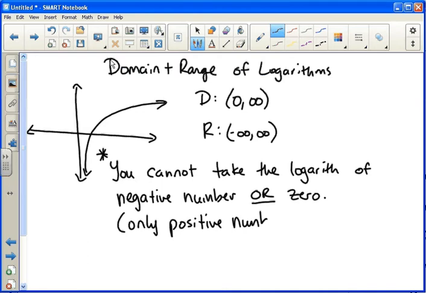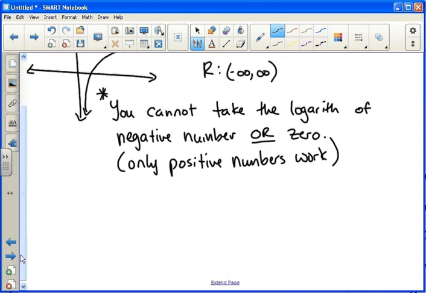So sometimes you may be asked to find what the domain of a log is. So let's talk about how we would find that. For the first example, let's do log base 4 of x plus 3. So this is actually pretty straightforward. All you need to do is figure out how to make sure that all the x's that you plug in give you a positive result.